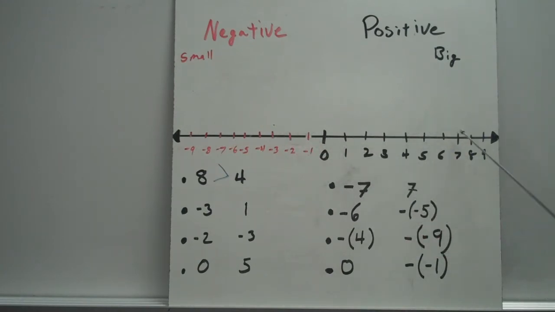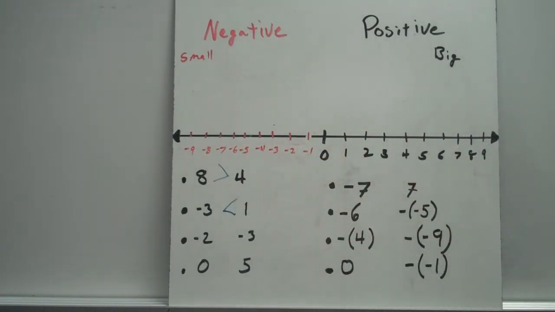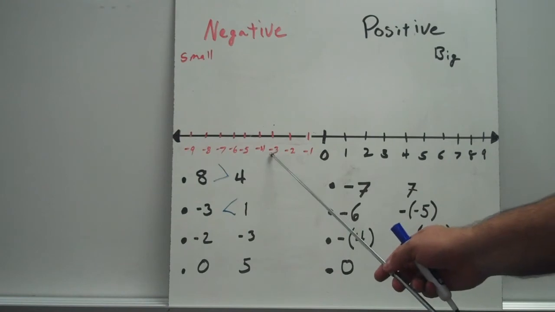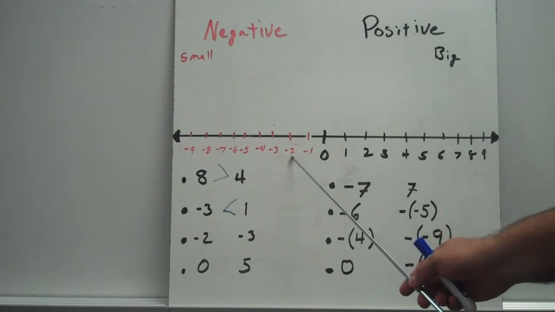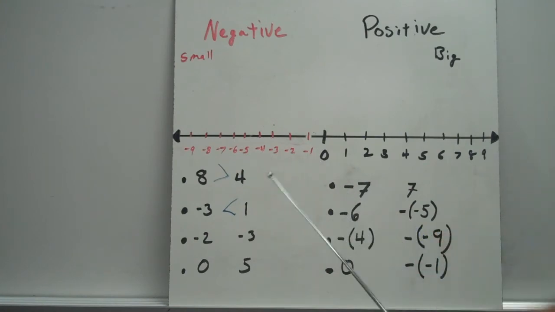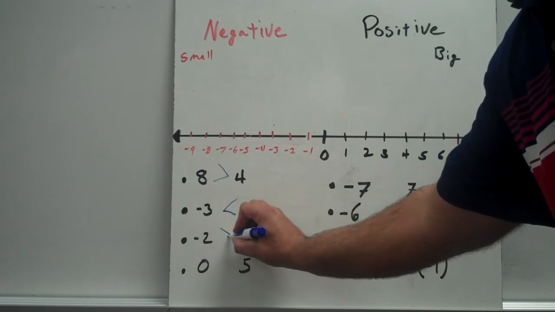Well, 1 is on the positive side, and your positive numbers are always going to be larger than your negative numbers. So in this case, 1 is larger than -3. When we compare -2 and -3, here's -3 and here's -2. -2 is farther right than -3 on the number line, so -2 is going to be larger than -3.